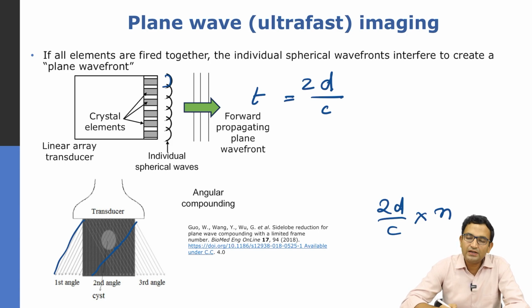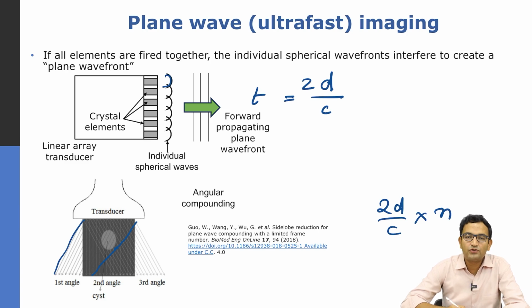So, this is a trade off where you are reducing the frame rate a little bit, but you are improving the lateral resolution, and this compounding also reduces the speckle. That is another advantage of using this spatial compounding, also known as angular compounding because the beam is fired at some angles.